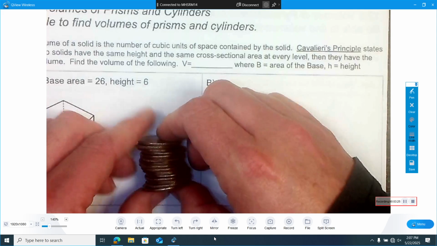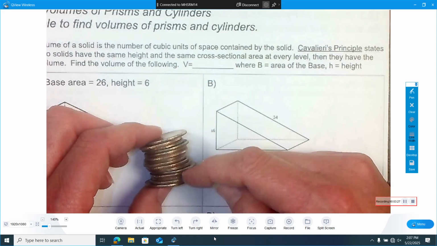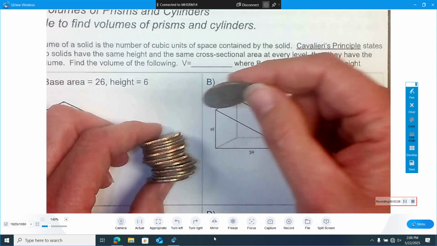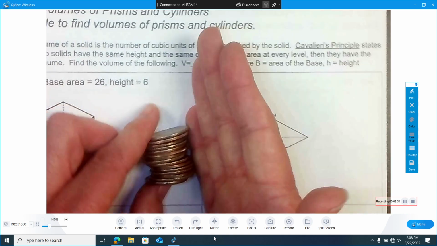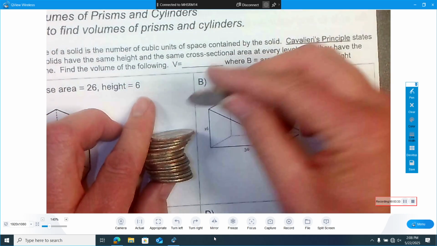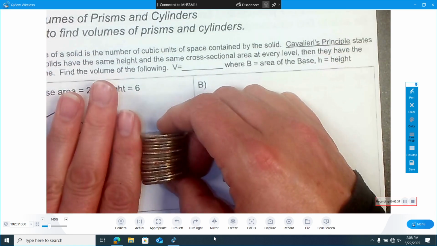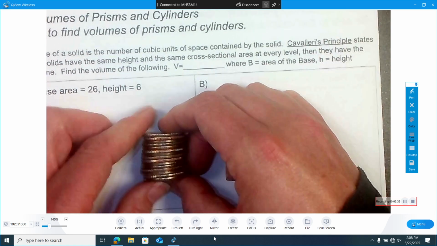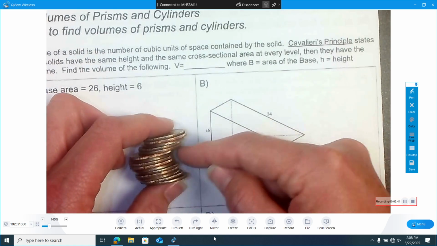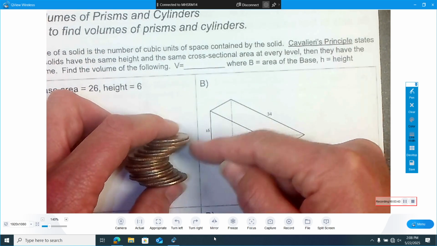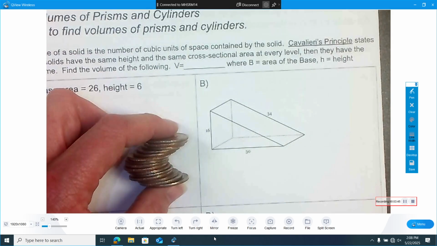So that is Cavalieri's principle. As long as every single layer, every single shape, is exactly the same size, these are all the same size quarters, I can push this thing out. It can be a totally crazy shape like this. Is it still going to have the same volume?